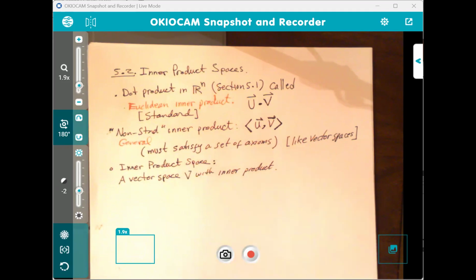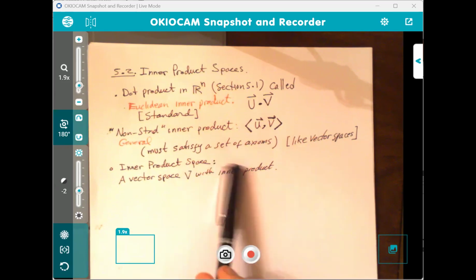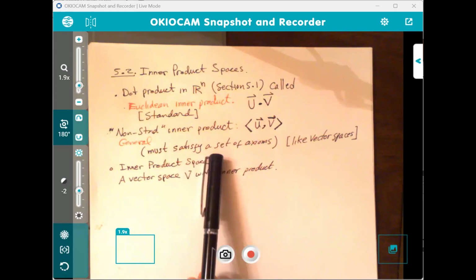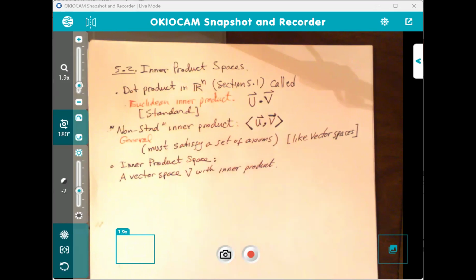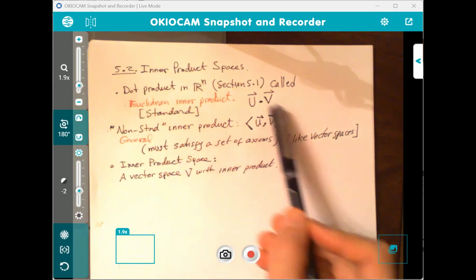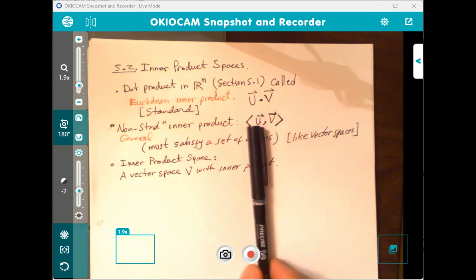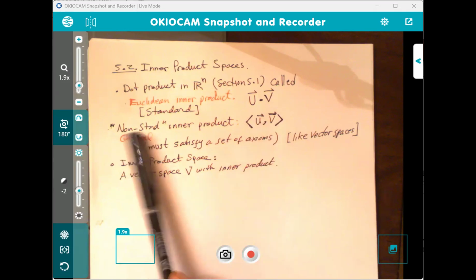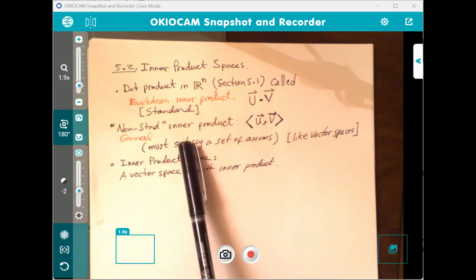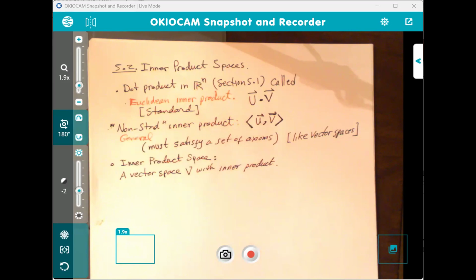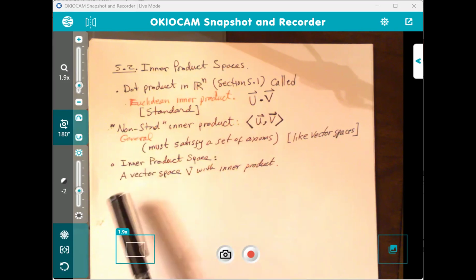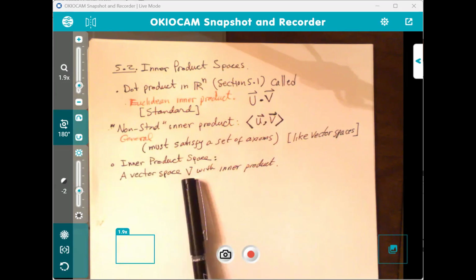These axioms are going to be very similar to the 5 axioms we had in section 5.1 of the dot product, only for general inner products, non-standard including. So these axioms work with non-standard or general inner products as well as with the Euclidean one. The Euclidean is like a special case here. So the inner product space, therefore, is going to be a vector space V that has an inner product. We call that an inner product space.